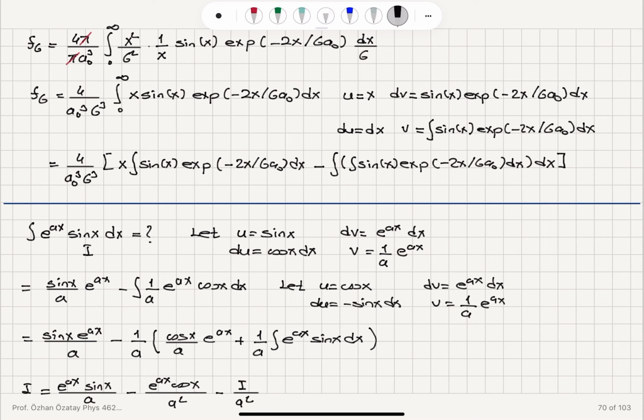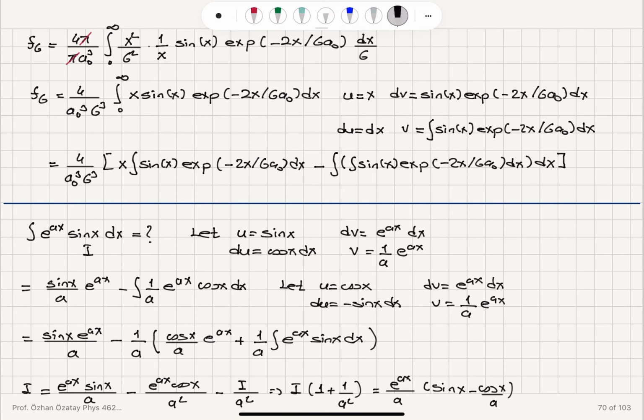So if I take this into I parentheses, I times 1 plus 1 over a square, so I take this minus I over a square to the left hand side, this becomes e to the ax over a parentheses sine x minus cosine x divided by a.